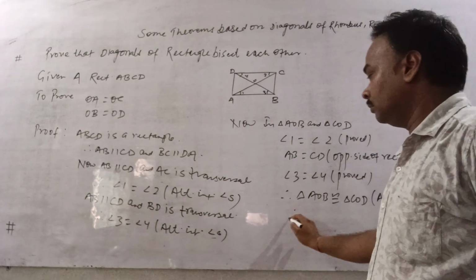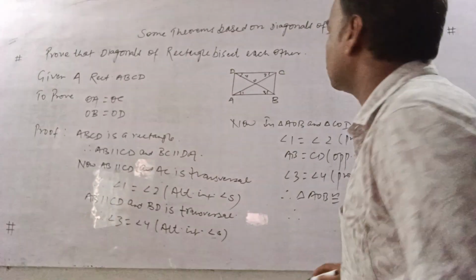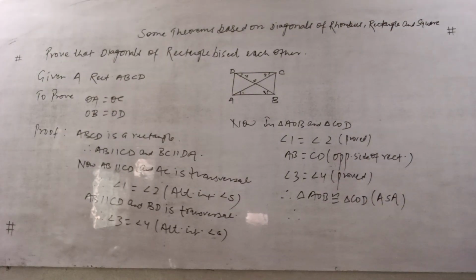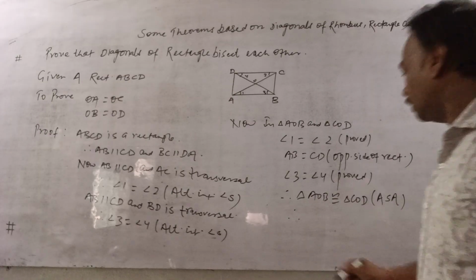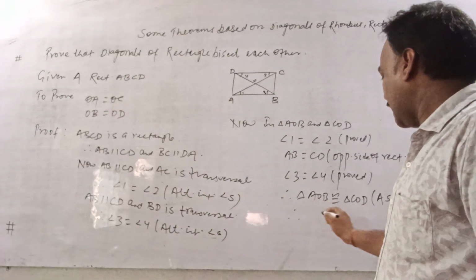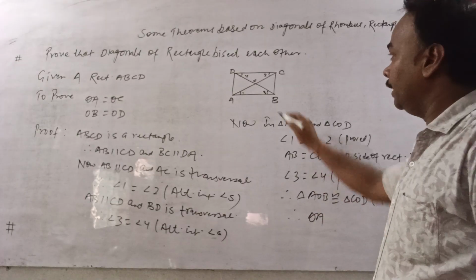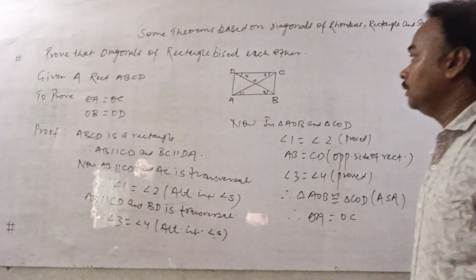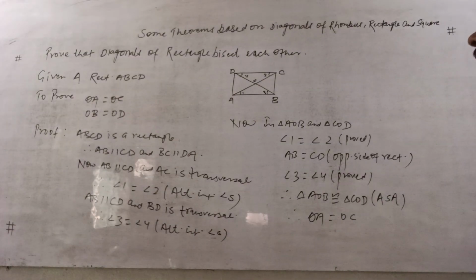And therefore, by angle side angle criteria, AOB is congruent to COD. Therefore, side OA of triangle AOB will be equal to side OC of triangle COD. Clear?